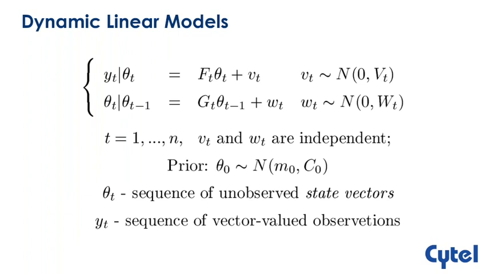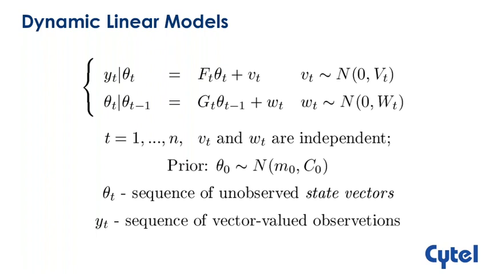The observation, the response y, given the value of theta, is a linear function with an error that's assumed normally distributed. And then the mean at dose t, given the mean at the previous dose, is also linear with a normal distribution and a different variance parameter.